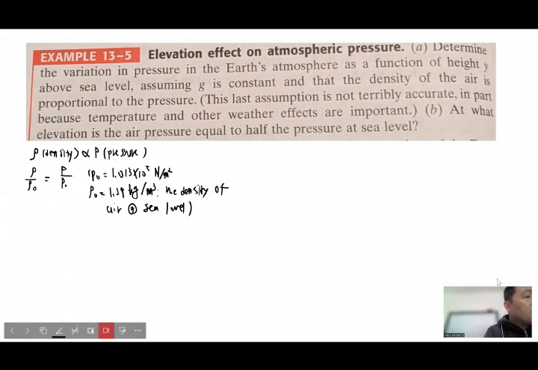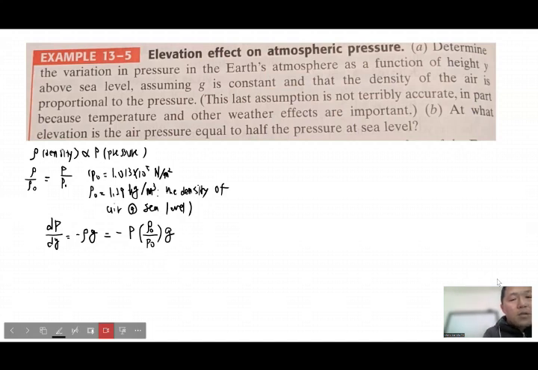First of all, we know that the change in pressure as a function of height is minus density times the gravitational acceleration constant g. Now if you replace the density of the gas at height y above sea level, that should be P times rho naught over P naught, times g.